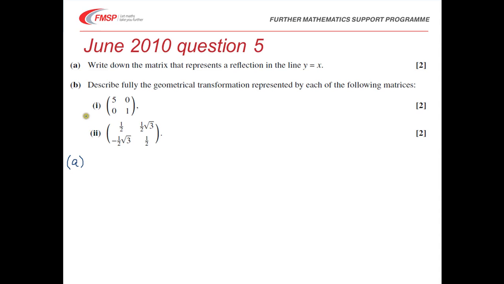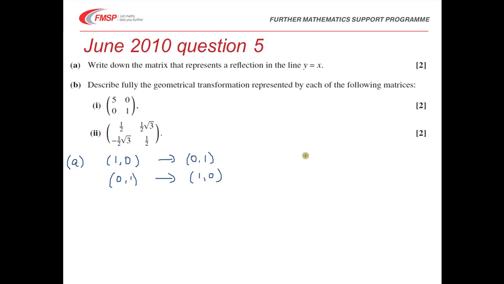You may well remember it, but the important thing about reflection in the line y equals x is that if you take the point 1, 0, then that will be mapped onto the point 0, 1, and the point 0, 1 will be mapped onto the point 1, 0.